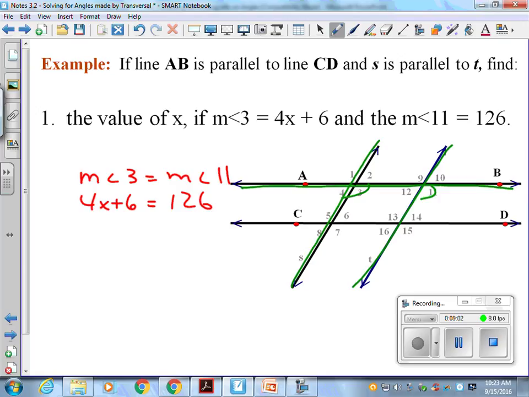This is the piece that everybody keeps leaving out of the proofs. You know how to set the equation up, you know how to solve it, but you can't write the statement that tells you you know that. And of course, if you do the math in your head and you want to subtract the 6 and divide by 4 in your head, more power to you. Use your brain. It's good. But if I'm doing a proof, you can't do that.